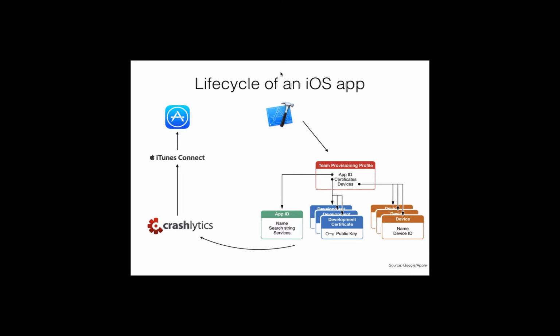And the whole lot of things given on the right hand side is needed for you to distribute your app to the physical device. As long as you test in the simulator, you don't need any of these things. But for rolling out to a physical device, you need to have all these things.